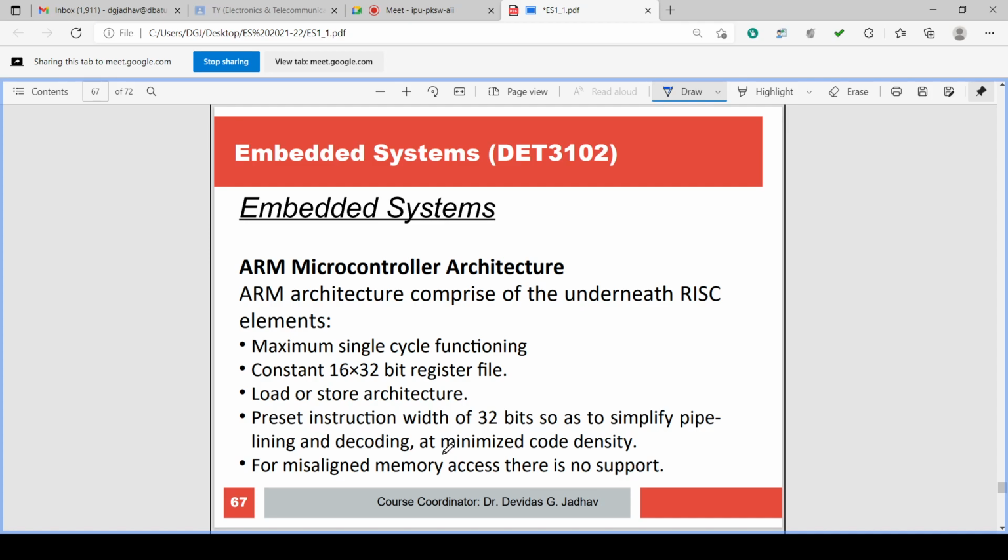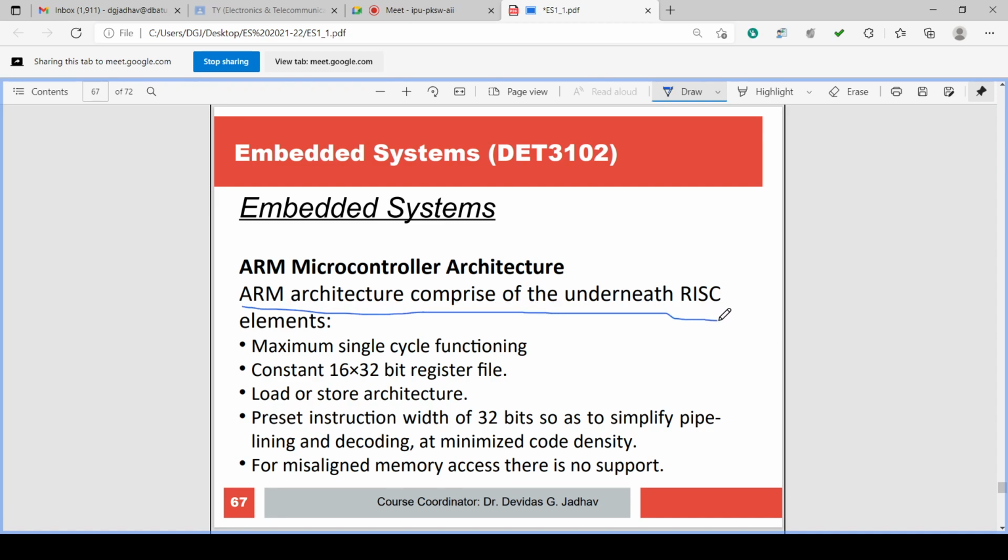ARM microcontroller architecture comprises of the following elements.